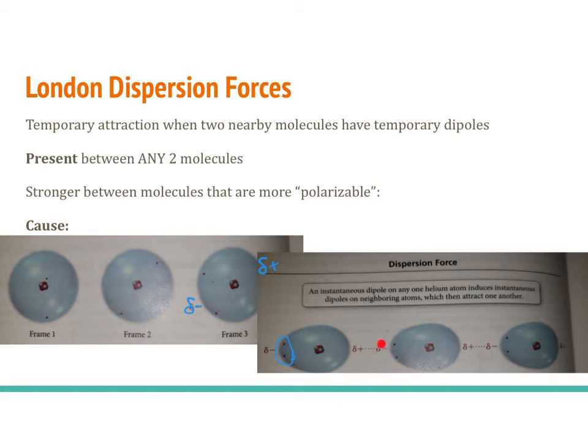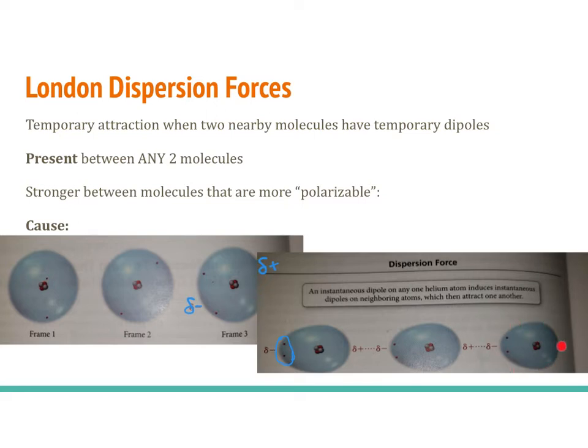Because this side of the first atom is positive, it pulls electrons from a neighboring atom a little bit over to this side of the second atom. So this atom gets a temporary dipole, and once you have a positive side here and a negative side here, an attraction forms between these two atoms. That attraction is known as a London dispersion force.